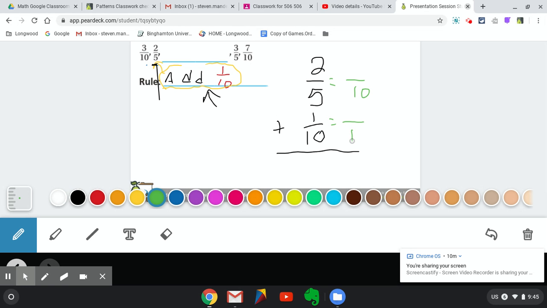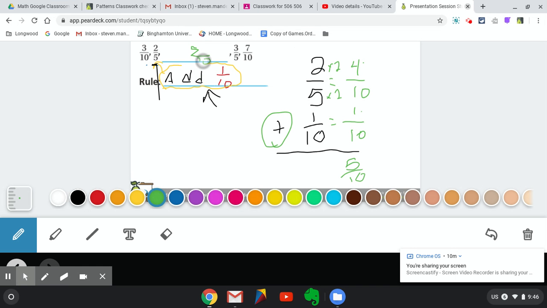Our rule is saying add 1/10, and we're doing that to the number that comes before the blank, okay? So here again, we need common denominators. I know it is 10 again that I'm going to use, which is nice for my 1/10. Here's 5 times 2, 2 times 2. Again, if you notice, it's the same from before because we used 2/5.